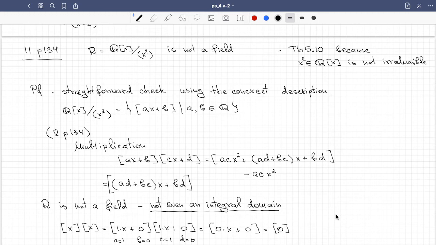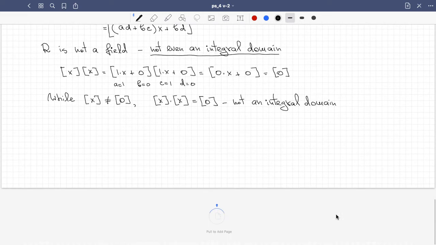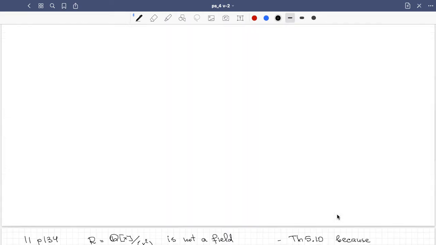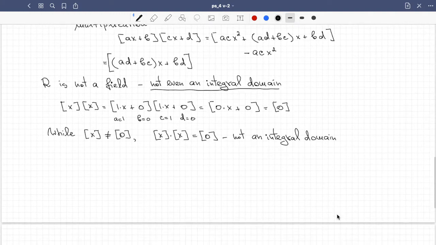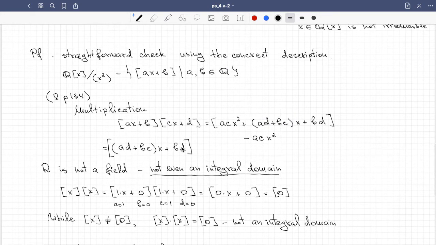So though this R is actually a commutative ring with identity, you may describe a possible alternative description of R. You may say that these are just ordered pairs a, b.